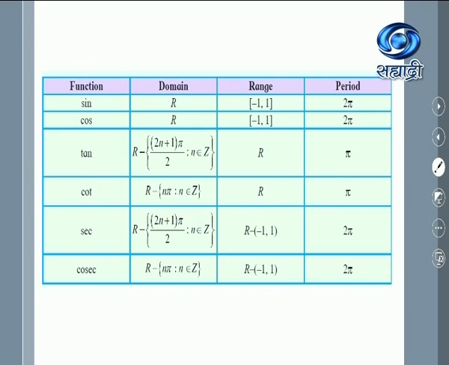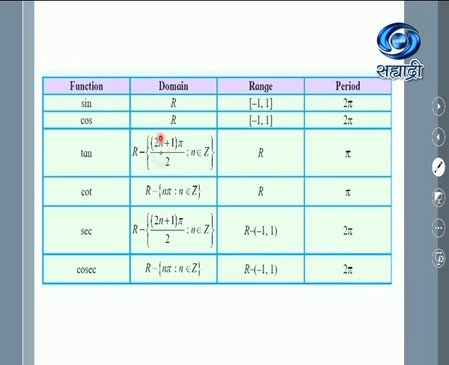Now for tangent function. For tangent function, the domain is R minus (2n plus 1) times pi by 2, where this n belongs to Z. N belongs to Z means n is any integer. If I put n as any integer here in the bracket, and if I simplify, you will get odd multiples of pi by 2.